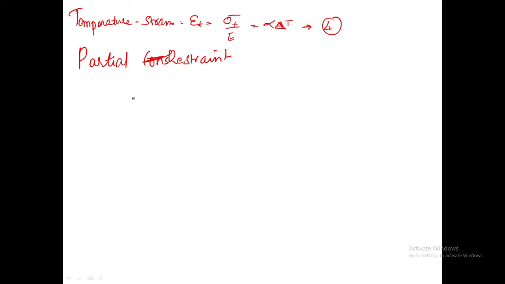Let us look at it. A member is fixed between two walls, and some amount of gap delta is provided for expansion.